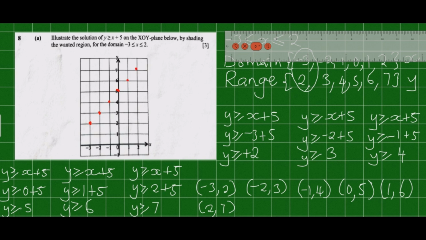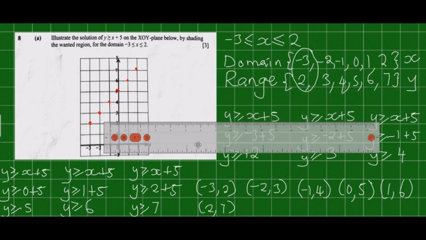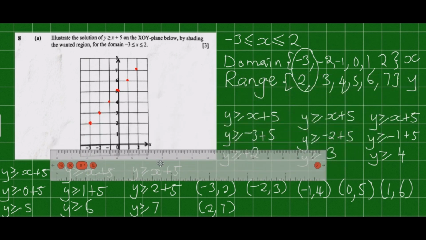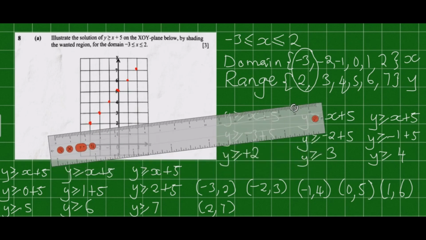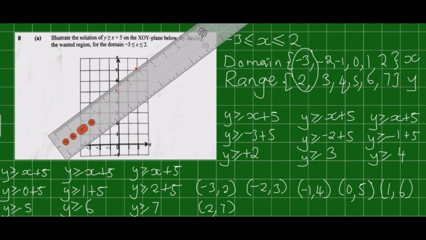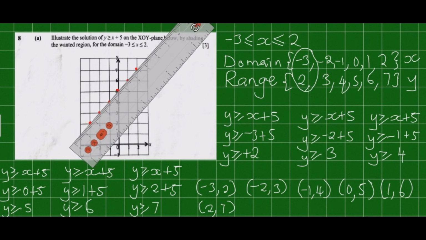Okay, now once we have done this, that does not mean we have finished answering the question. In fact, we have just begun. All these things we were doing were just to help us come up with the points. Now I'll bring my ruler here, and try to twist it so that I can reach the points.